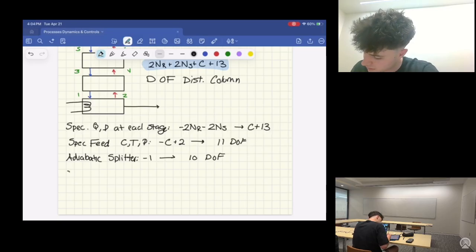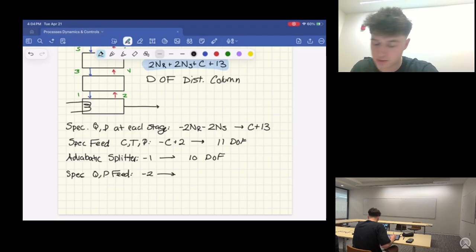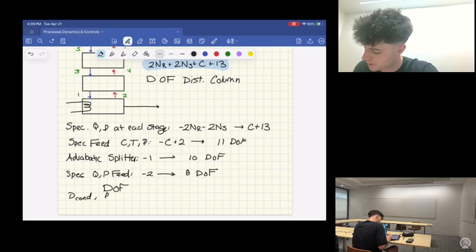And then for the specs of the QP feed, we have negative 2, which relates to 8 degrees of freedom. So total in all of this, when combining everything, you get the degrees of freedom for P condenser, P REB, and splitter. You get the degrees of freedom to equal 5.